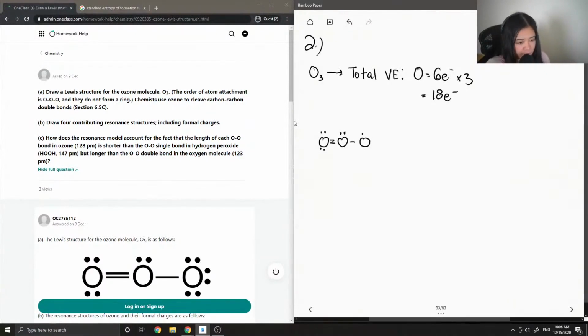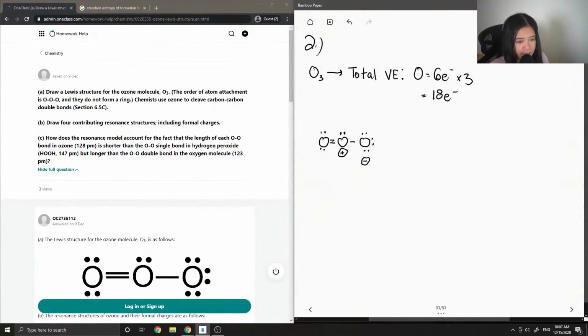And then for this singly bonded oxygen, I'm going to draw all of its lone pairs. And then I'm going to show the charges for each of the atoms. The one in the middle has a positive charge, and this one at the end has a negative charge.